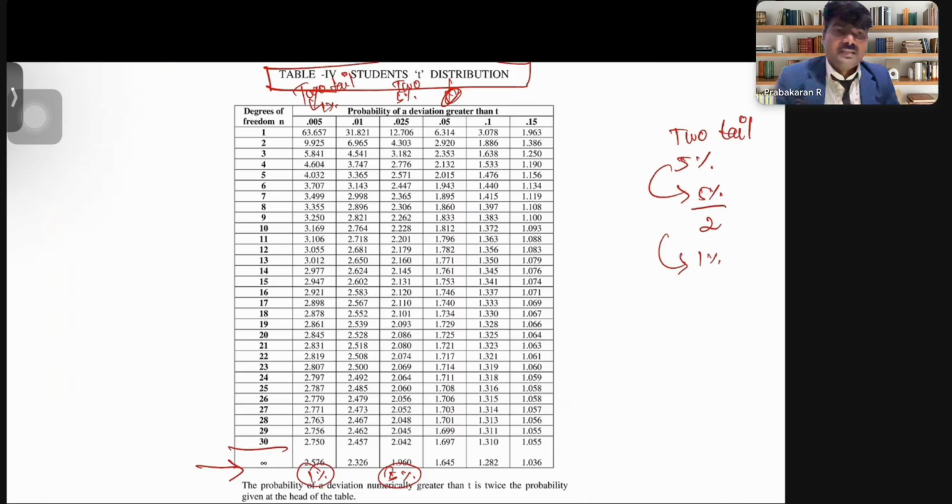Suppose it is one tail, we can take it as it is: 1% is 1%, 5% is 5%. You can keep it as it is. If you are comparing one is greater than the other, or one is lesser than the other, that is nothing but a one tail test. That's all.